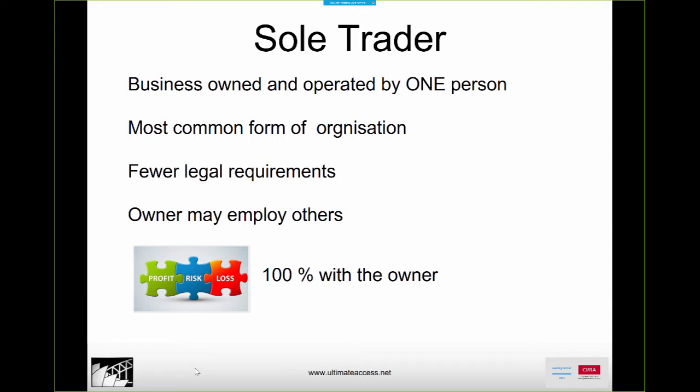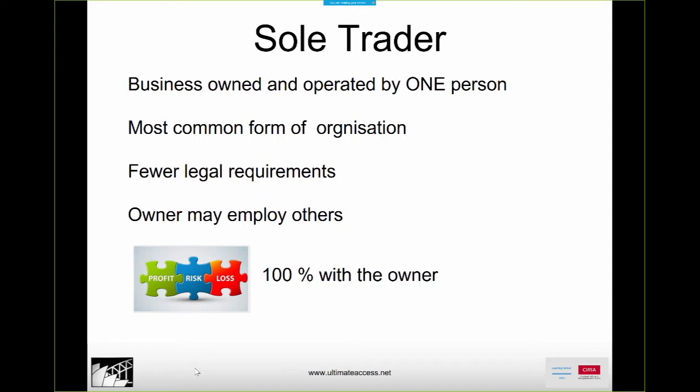I hope that's clear for you. So again, one person owns that particular business, and therefore the person will have all the profits, any risks associated with it, as well as the losses.